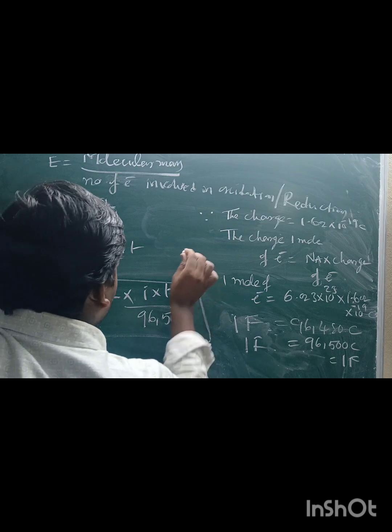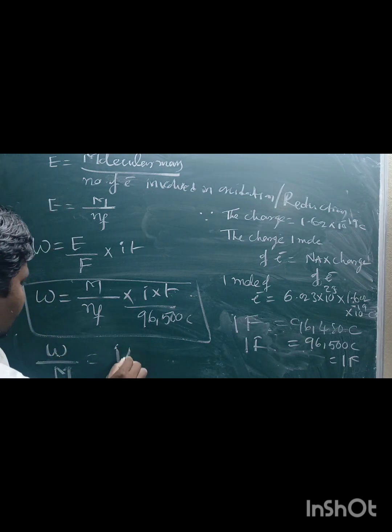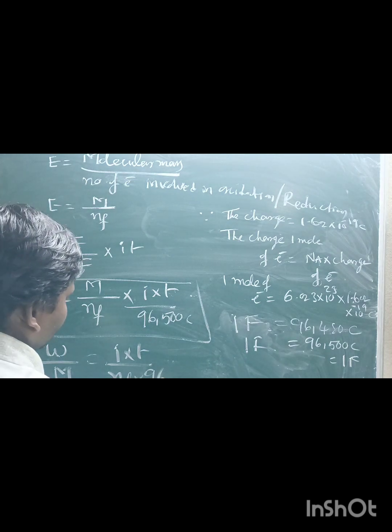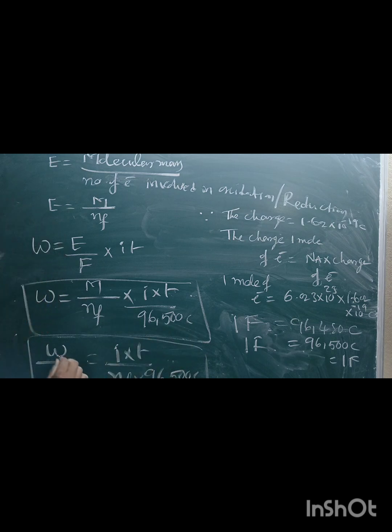This is the mathematical formula of Faraday's first law. Transposing M to this side, W by M is equal to IT by nF, which is 96,500 coulombs. This is equal to the number of moles.